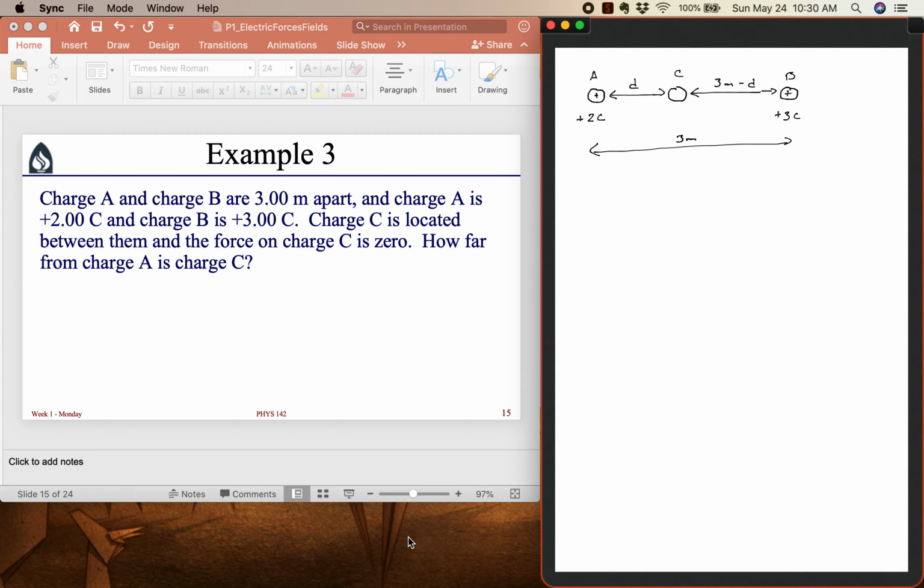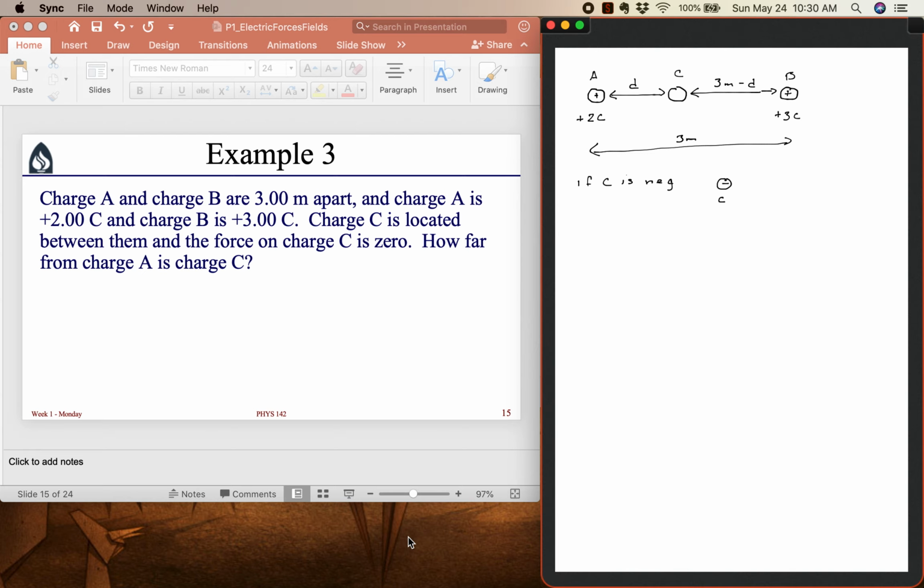Now I don't know what the charge on C is, but I also don't know if that matters. So let's look at the two scenarios, if C is positive or if C is negative. First off, if C is negative, then what happens in that case? Then B is going to exert a force towards it.